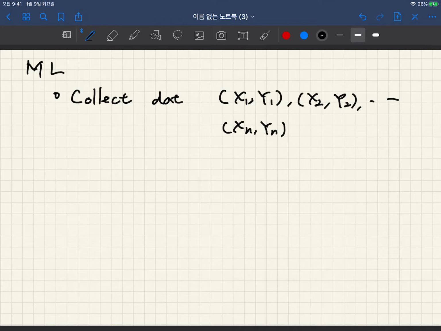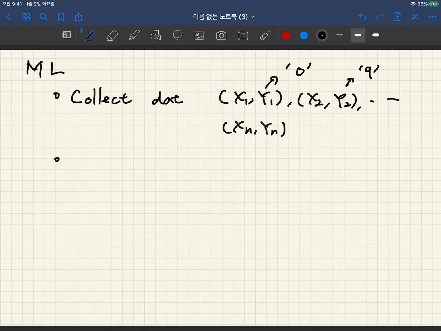But for the classification task, each output Y has some label information. For instance, in the handwritten digit case, we have some class label for the handwritten digit.